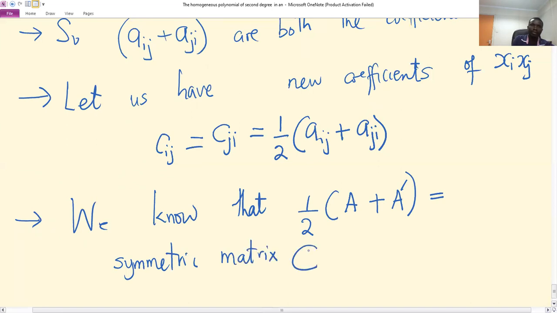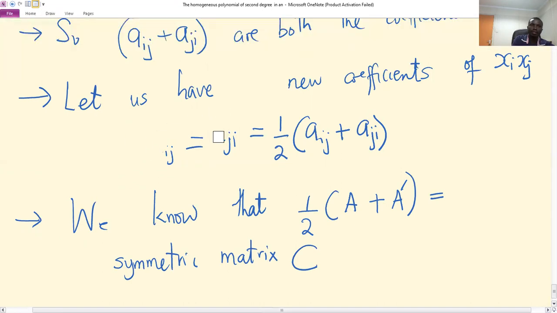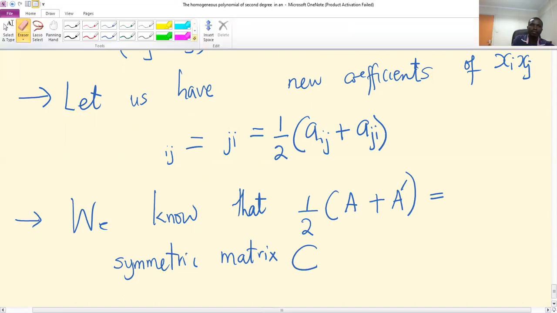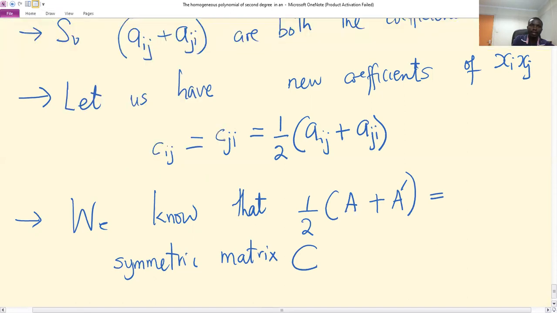Call it C. Remember, these are lowercase letters, they are small c's. So when you get the average of a matrix plus its transpose, you get a symmetric matrix.